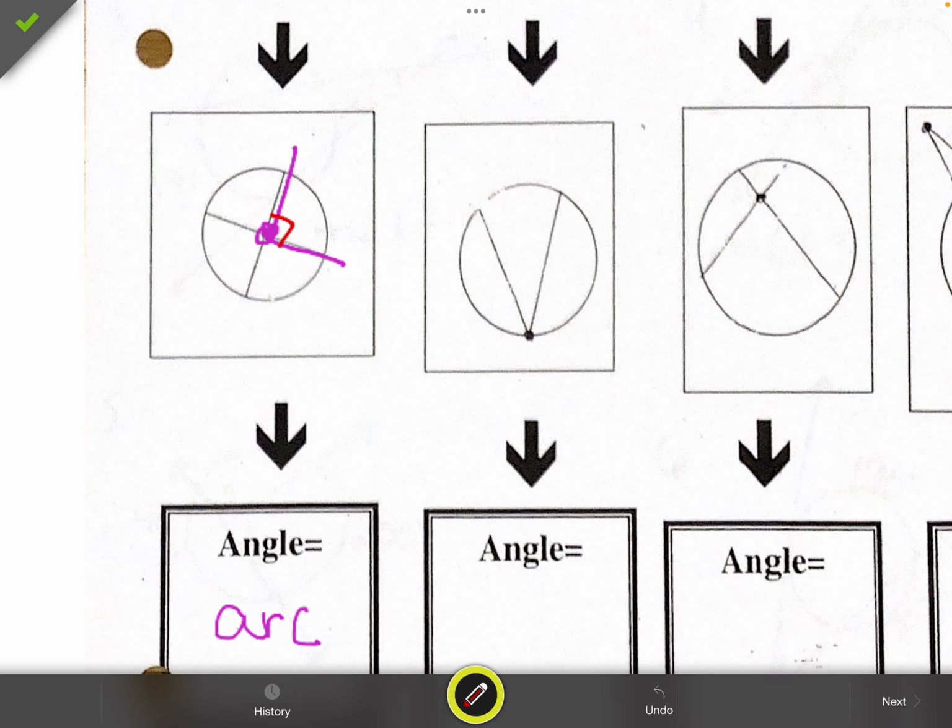Since my vertex is in the center, the angle is the same as the arc, so my arc is also 90. And remember, when we say arc, we are talking about this curved part of the circle. They call it the intercepted arc, but that arc is 90 because the central angle is 90.